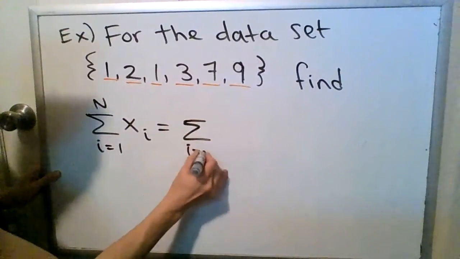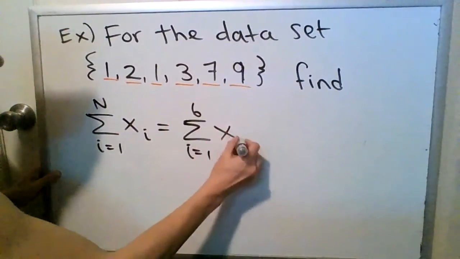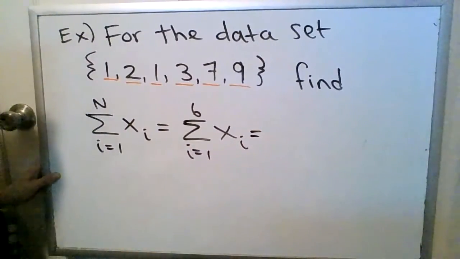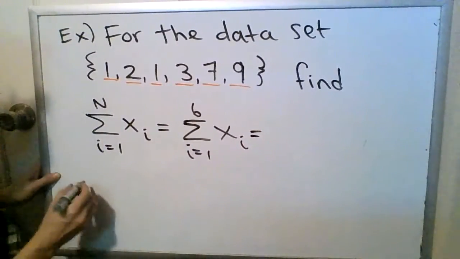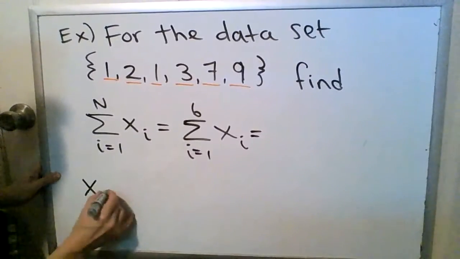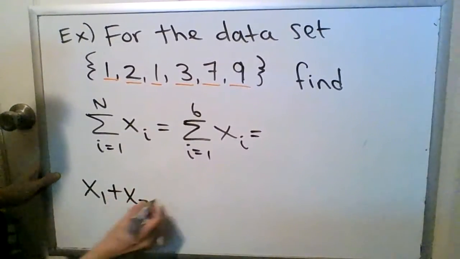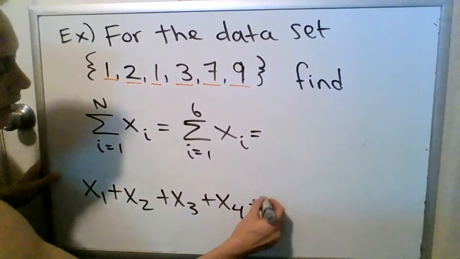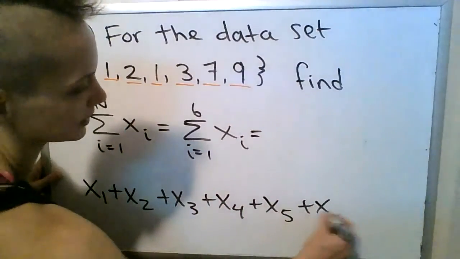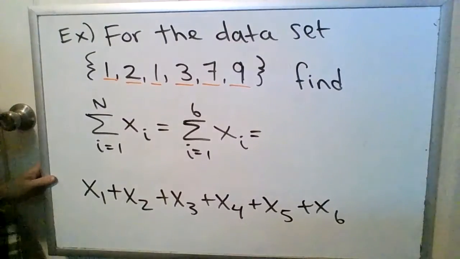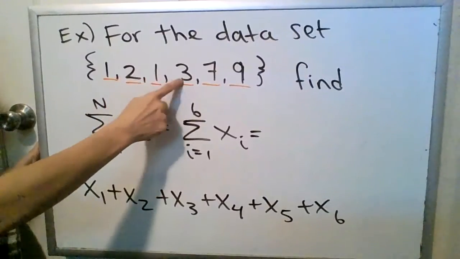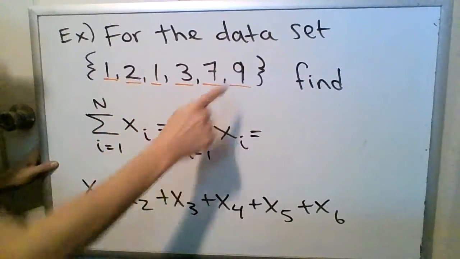Sum from I equals 1 to 6 of x sub I. I'm going to put x1, and then add x2, add x sub 3, add x sub 4, add x sub 5. And that's x1, that's x2, x3, x4, x5, x6.